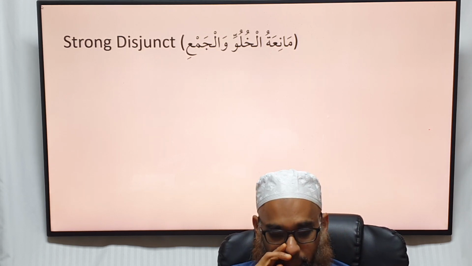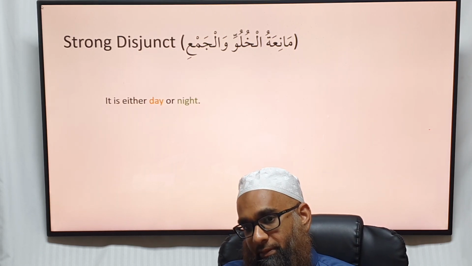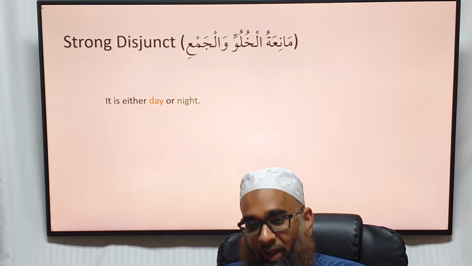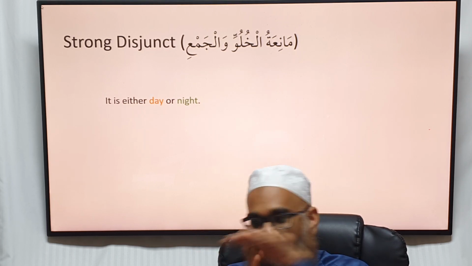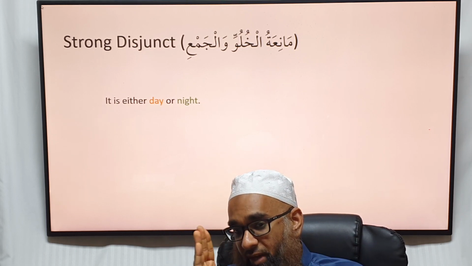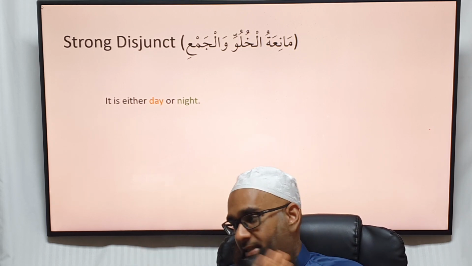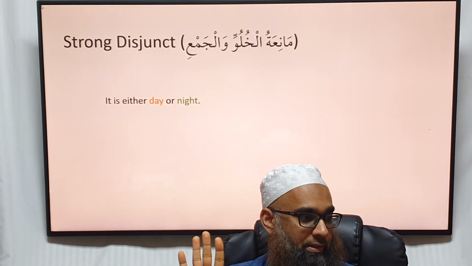For example, it's either day or night. We can define day as when the sun is above the horizon, and night when it goes below. We have an exact defining point. So day means after sunrise, and night means after sunset. Is there a third option? There's no third option. Is it day or night?